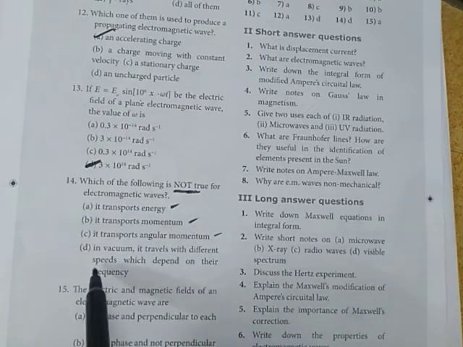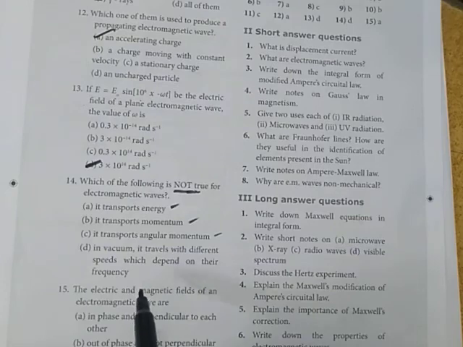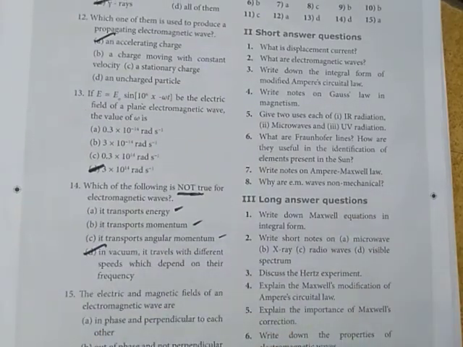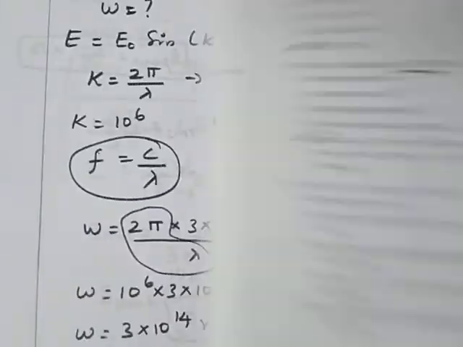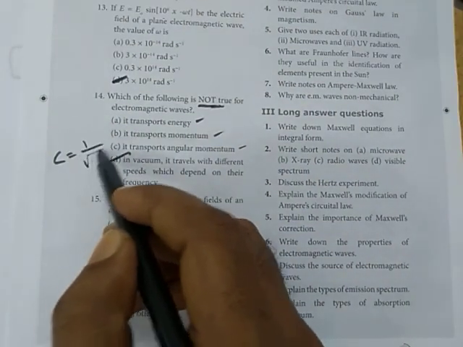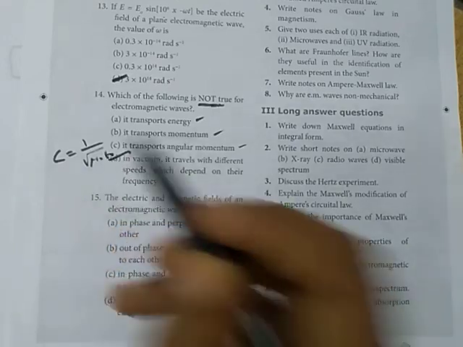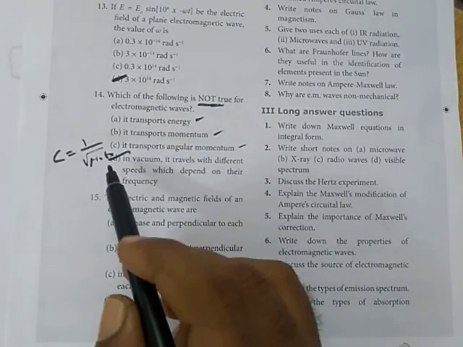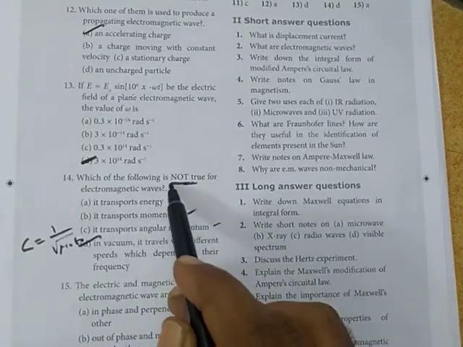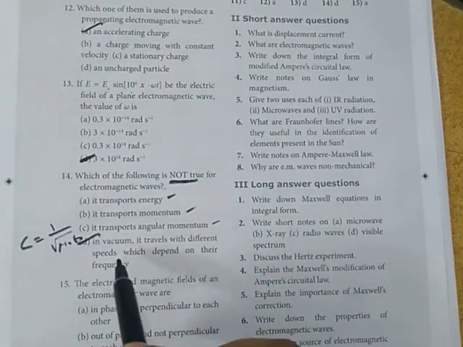See, option D, in vacuum it travels with different speed which depends on the frequency. This is the wrong one, because in vacuum the speed of the electromagnetic wave will be c. We know the speed depends on permittivity of free space and permeability of free space. So answer D is the correct one. This is not true, this is a false one.